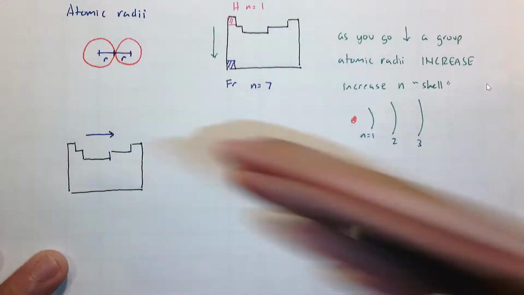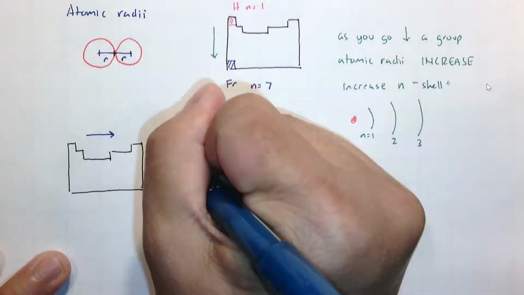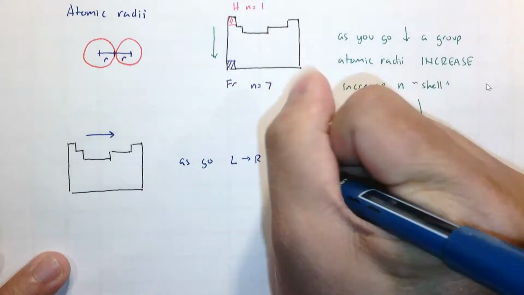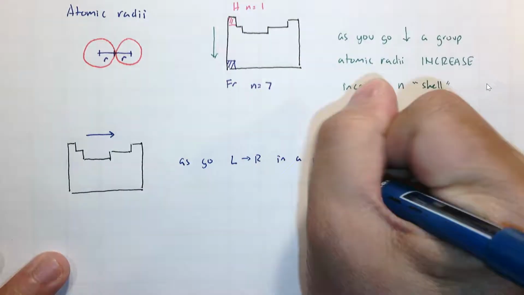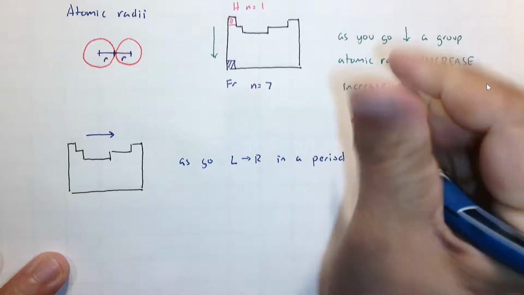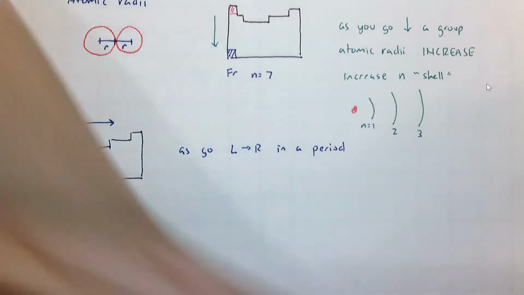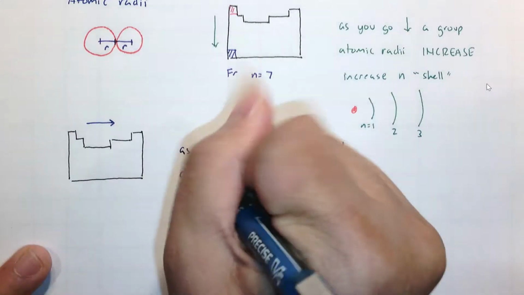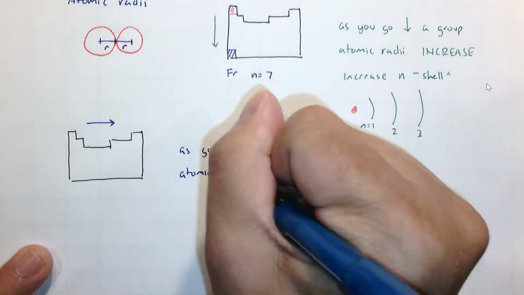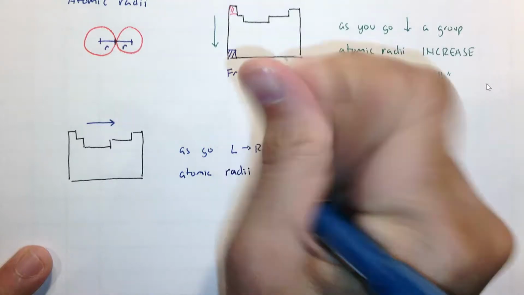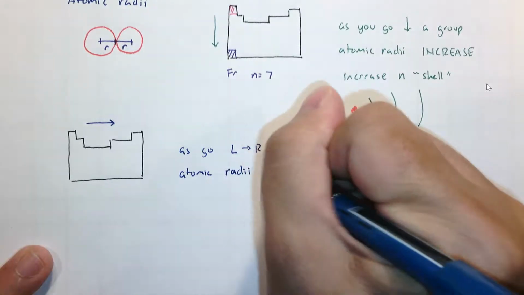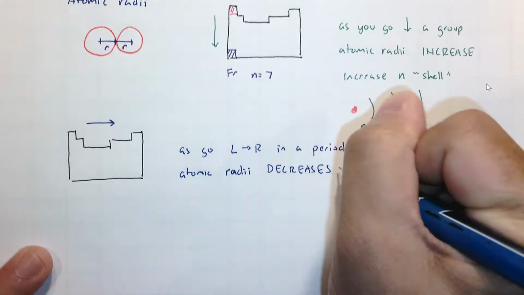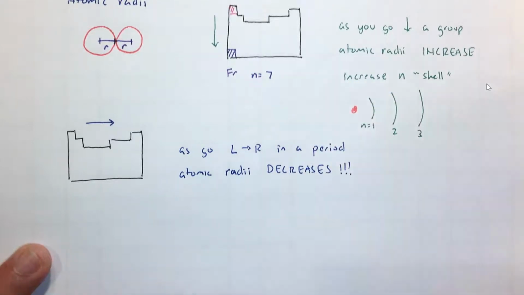In this case, as you go from left to right in a period, the names of the rows are called periods, the atomic radii decreases. And that may be a little bit surprising for some of us. So I'll put exclamation points.